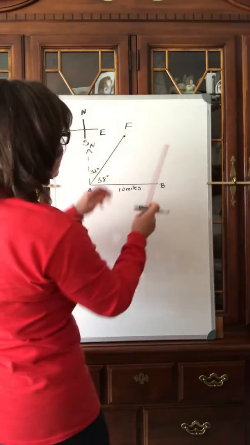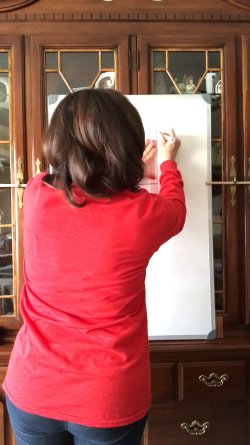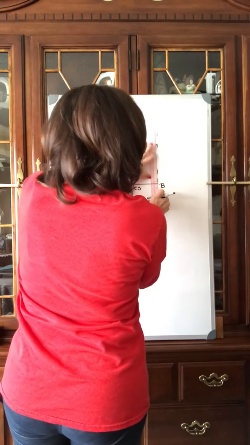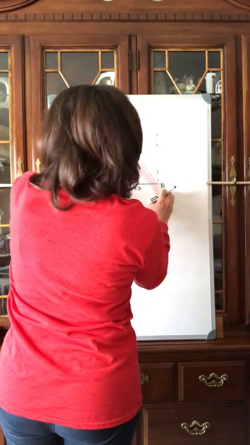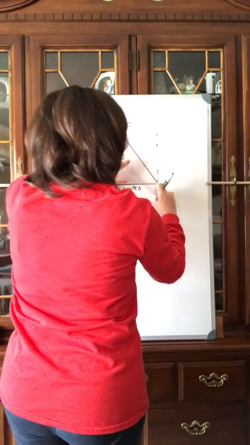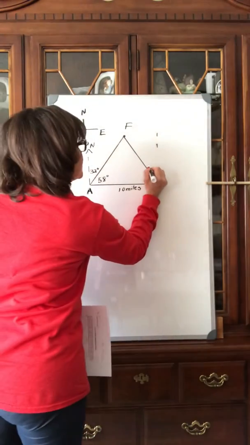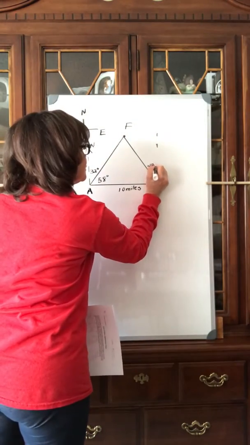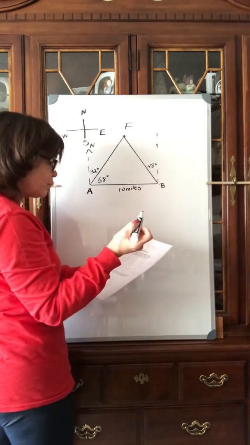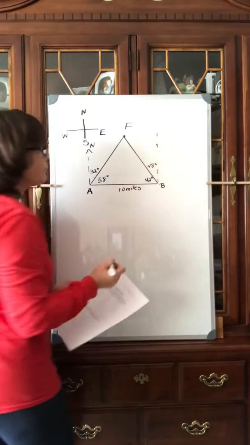So if this is north, and he sights the fire, which is over here, it's 48 degrees west of north. The 48 degree angle would be right here. And then if you do your right angle, 90 minus 48, this would be a 42 degree angle.